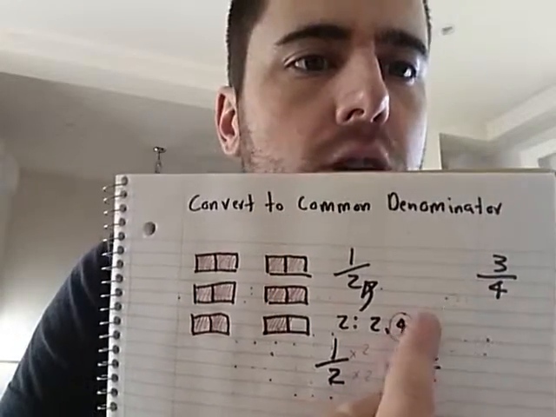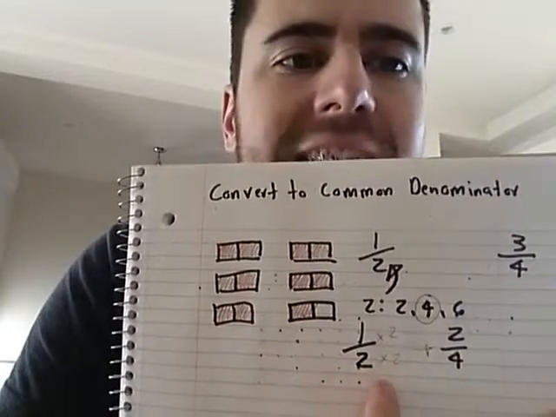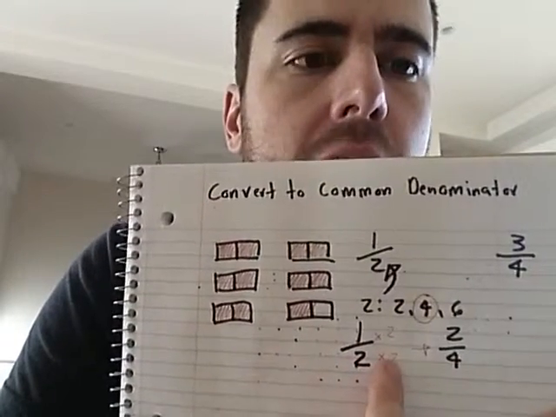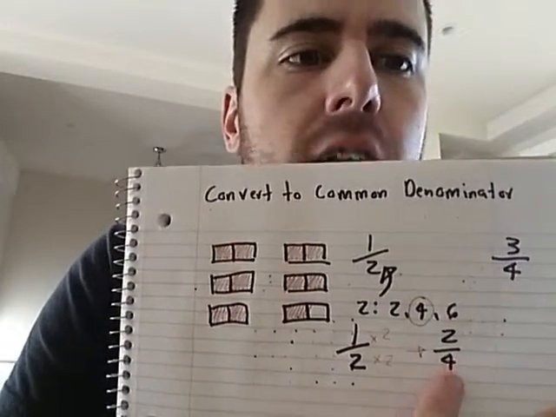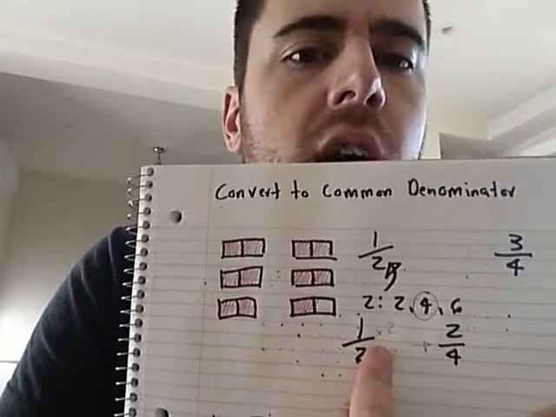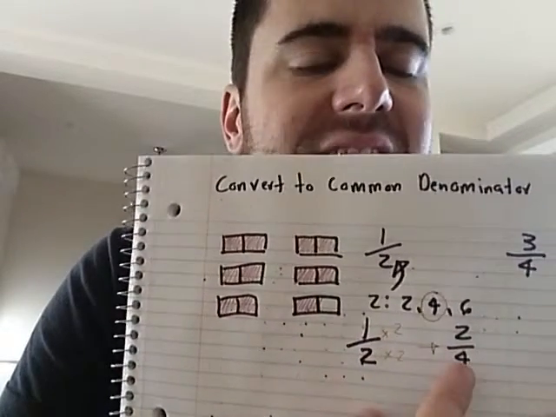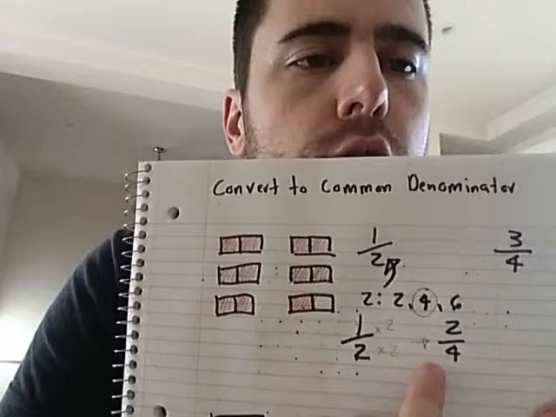That's our least common multiple. We can just convert our halves into fourths. We multiply times 2. Our new denominator becomes 4. We do the same thing up top to our numerator. That's going to become 2. 1/2 is the same exact thing as 2/4.